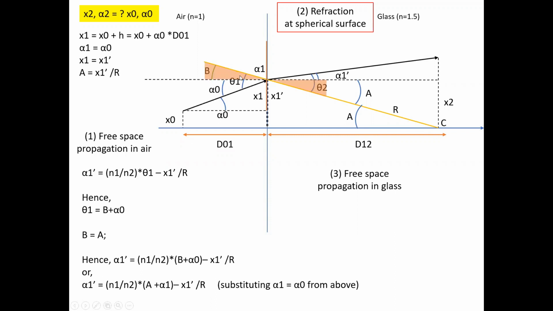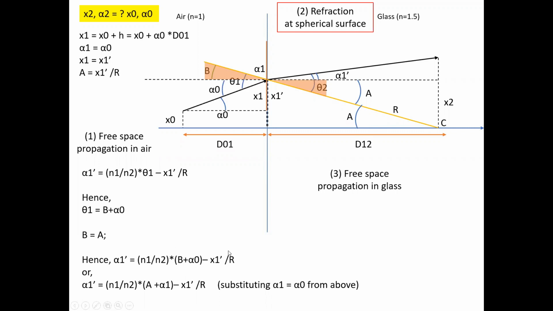Now concentrate on these two regions, right? So we are going to use the opposite angle. So this line, which is the radius, and the optical axis, they intersect each other. So these opposite angles, which are B and A, are also equal to each other. So B equals A. So in this equation, alpha 1 prime, I rewrite it over here, replace theta 1 by B plus alpha naught, like so.